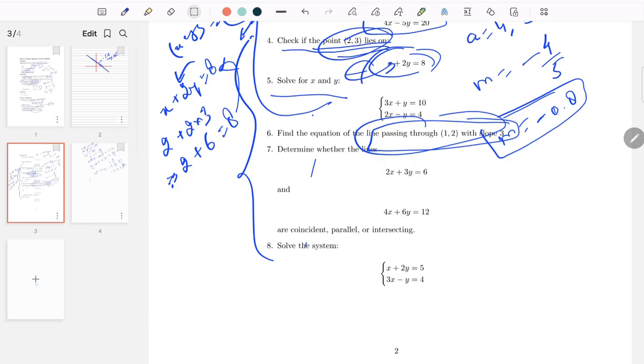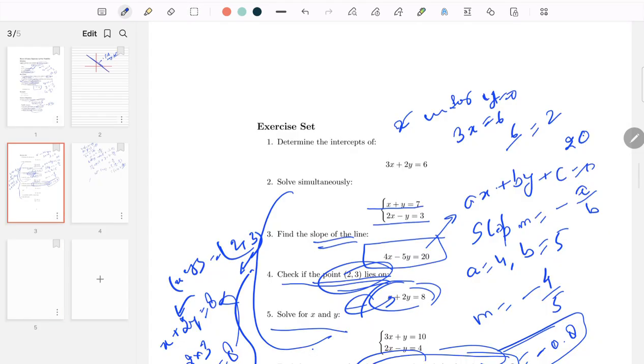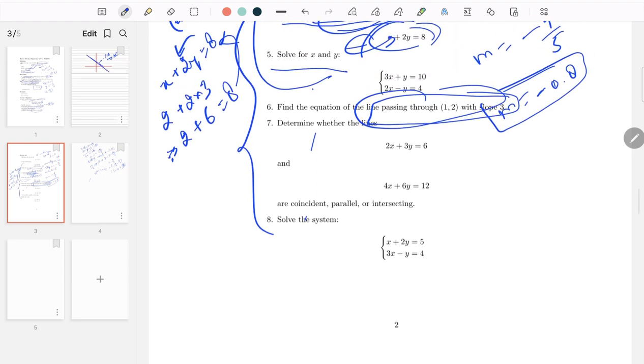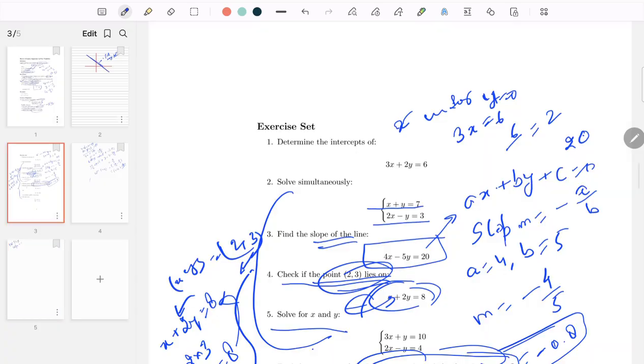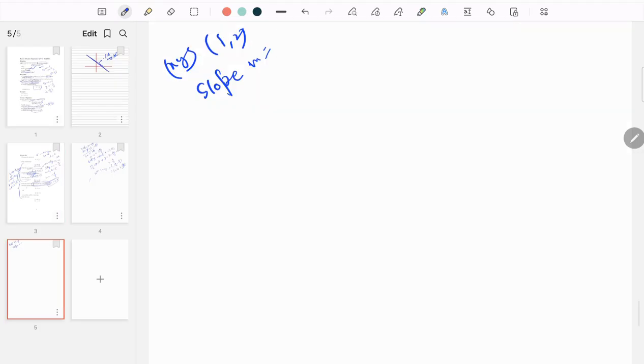Okay, the point (x, y) given is (1, 2) and the slope m equal to 3.